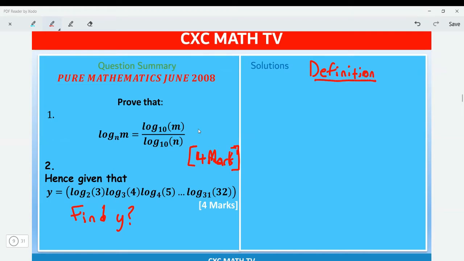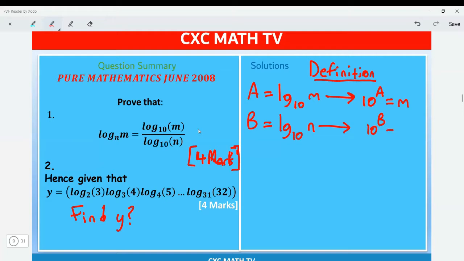The definition of a logarithm would state, for example, let a be equal to log base 10 of m. By definition of logarithm, that is then saying that the base of 10 raised to the power of a is equal to m. And if we were to call maybe b log base 10 of n, then by the definition of logarithm, that is saying 10 to the b is equal to n.